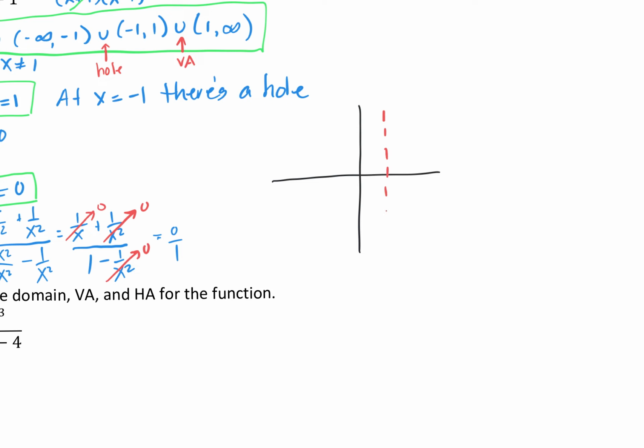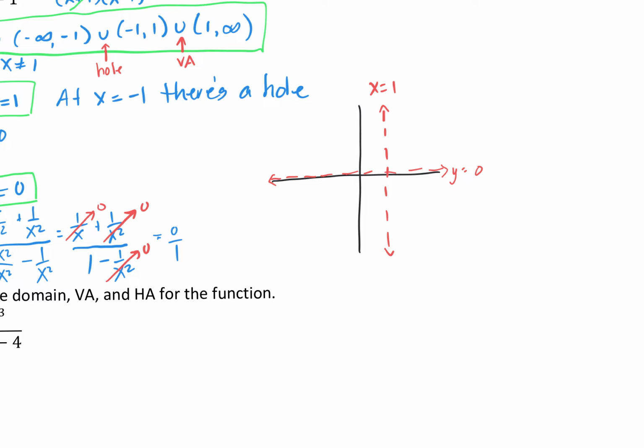So I'm going to use a dashed line so that it's not being confused with the actual graph of the function. And then we have a horizontal asymptote at the x-axis, which would be y is equal to 0. So this is the idea, actually, when you're graphing these rational functions. Find your asymptotes.